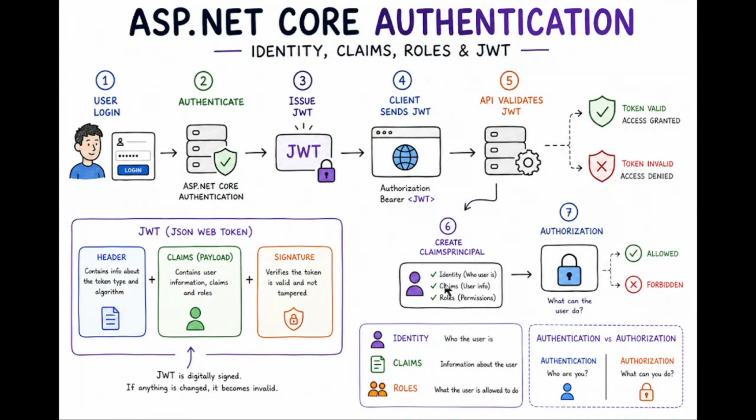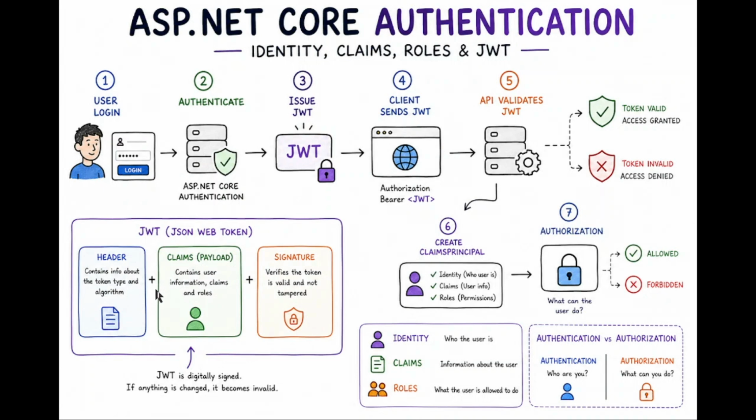Number five, JWT token. Now we reach the center of the diagram. JWT stands for JSON Web Token. After successful login, the server creates this token. Think of JWT as a secure digital passport. Inside it are three parts: header, payload, and signature.